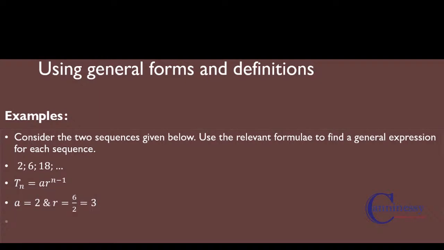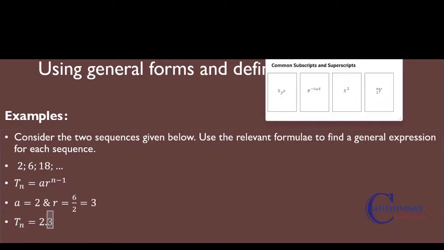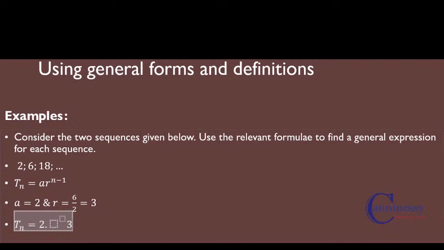All right, now let's substitute into the general form. So Tn is equal to A, which is 2, times R, which is 3, to the power n minus 1.